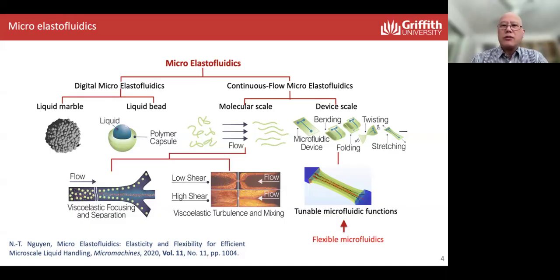Now, on the side of continuous flow microelastofluidics, you can also utilize the fluid-structure interaction, the flexibilities of things at different scales, and utilize them for microfluidic functions, right? So at the molecular scale, the simplest thing is looking at flow with long chain polymer mixed into it. So the liquid becomes viscoelastic.